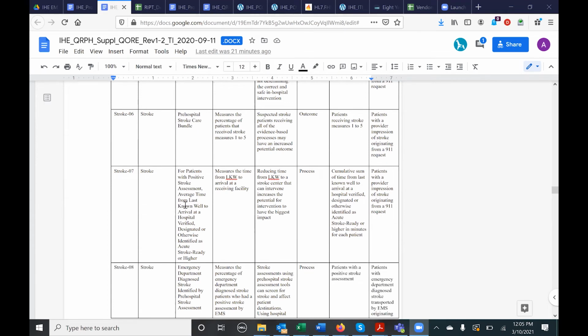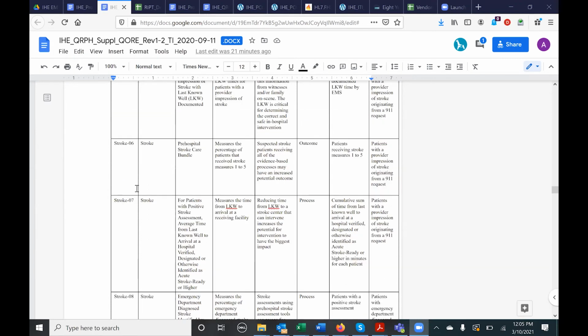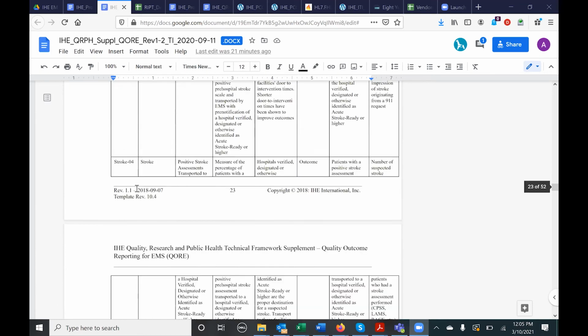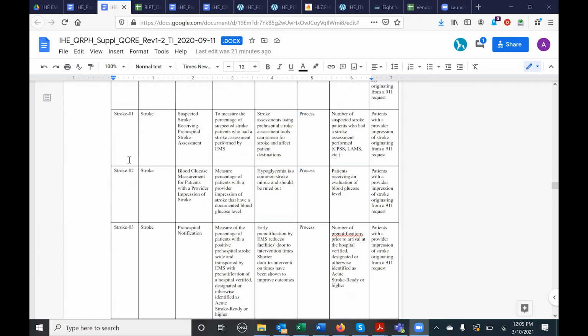So some of these are EMS based, and some of them are hospital-based. And I know we got one of these from the American Heart Association. And we kept them as examples because these performance measures can be utilized within the format that we've provided in this profile.